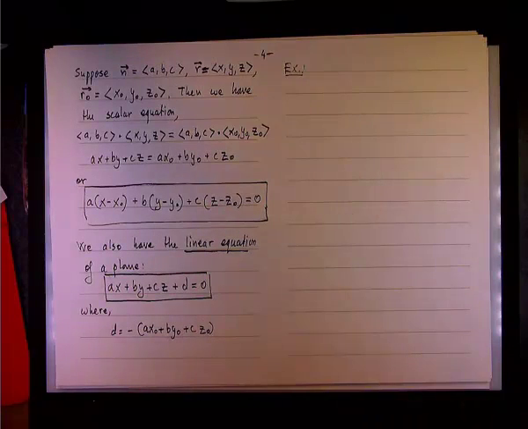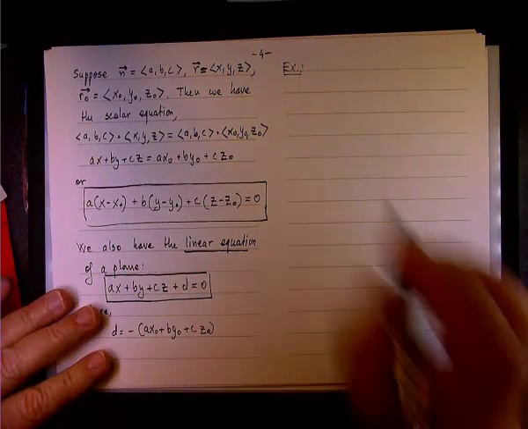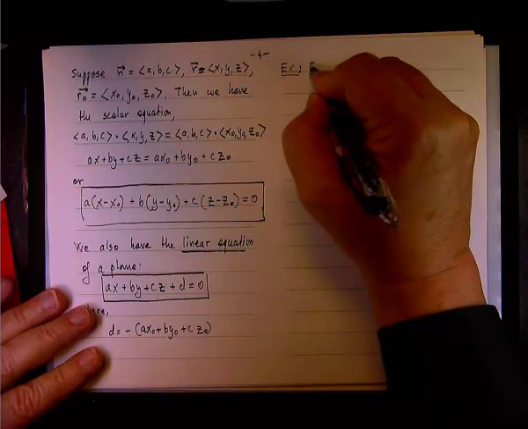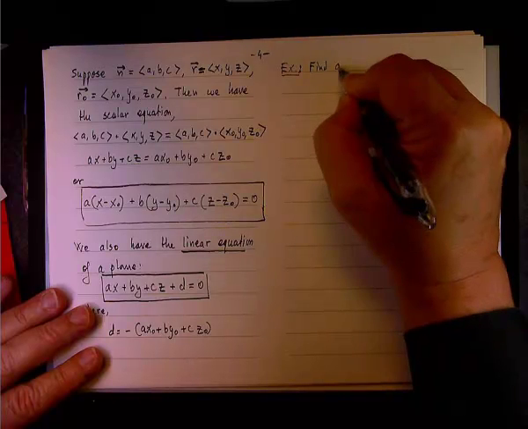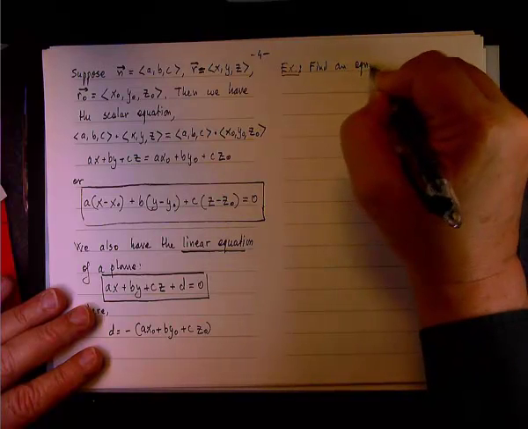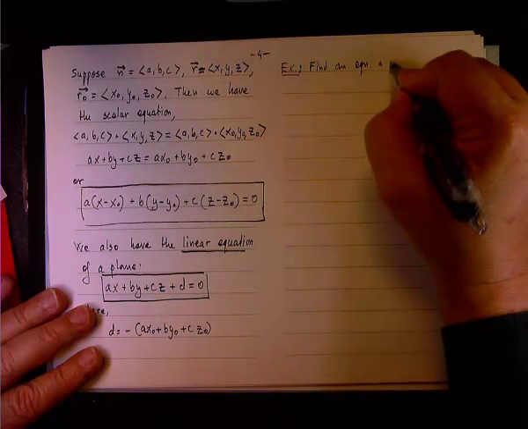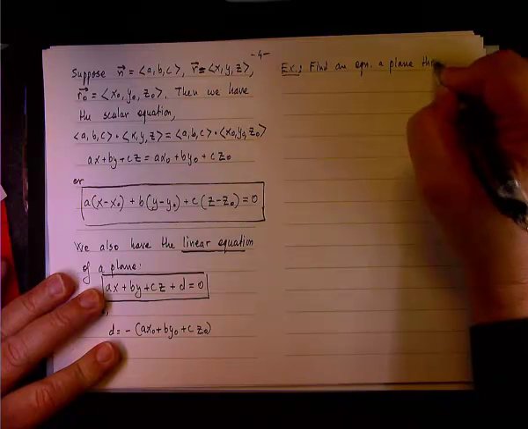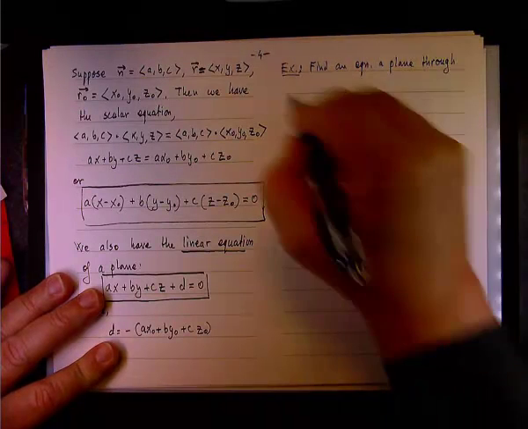So let's see, the first example, find an equation. This is really just a basic exercise where we need to find an equation of a plane passing through a point.